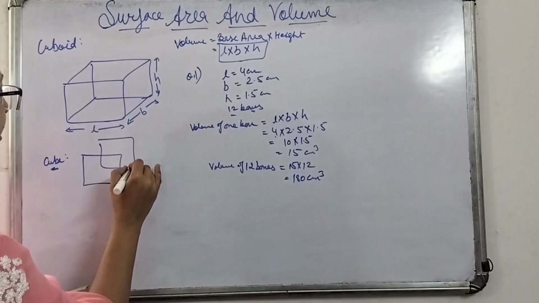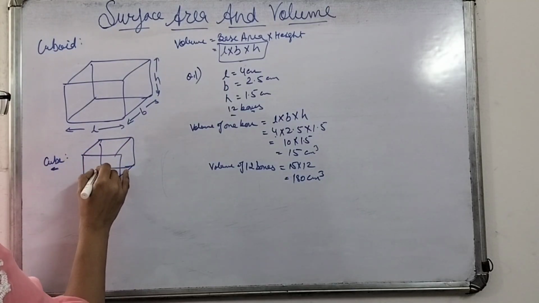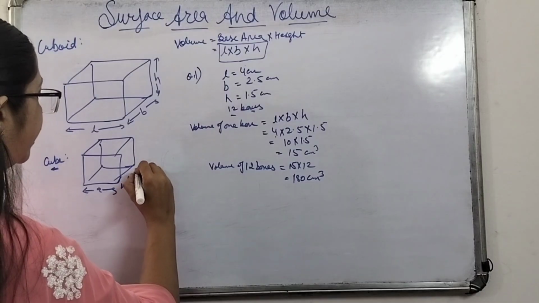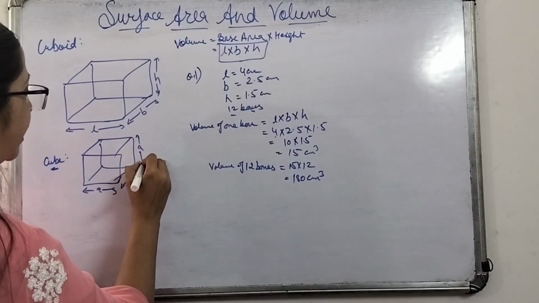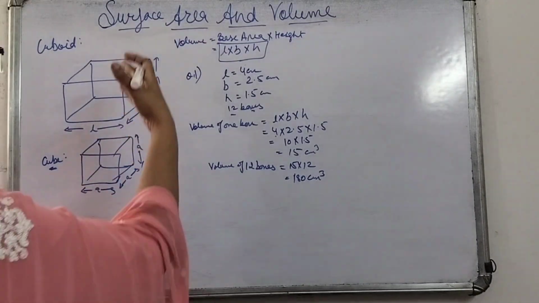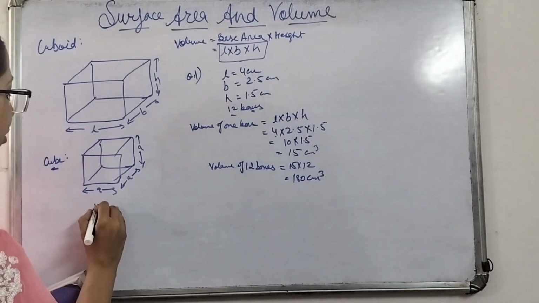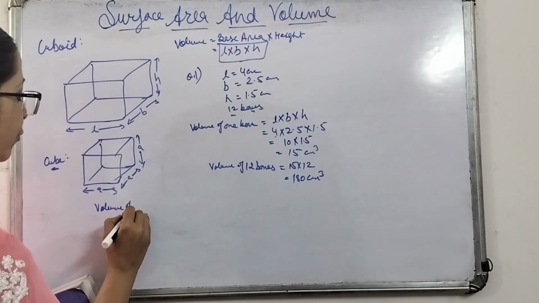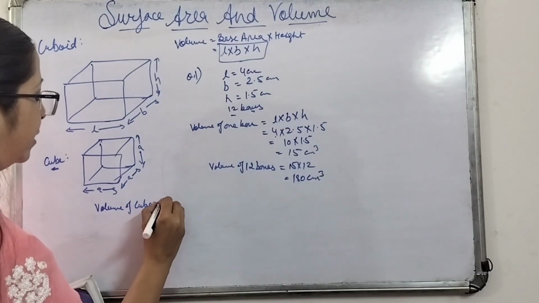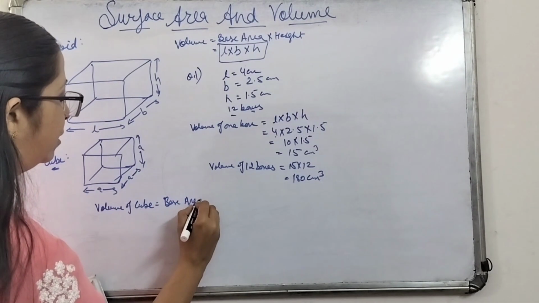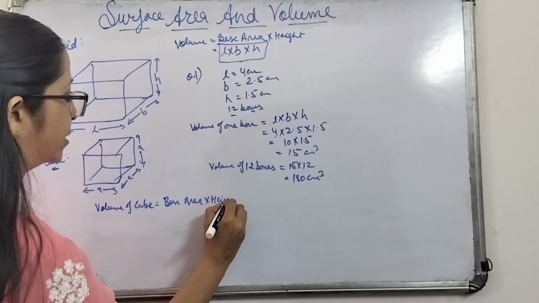A cube has equal L, B and H. If L is A, width is also A and height will also be A. So similarly, as we found the volume of cuboid, the volume of cube is given by base area multiplied by its height.